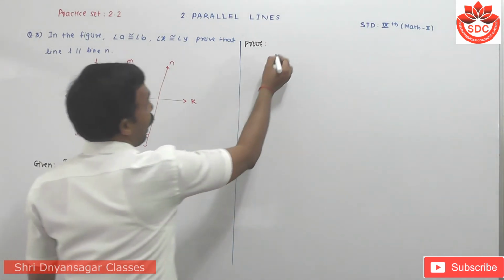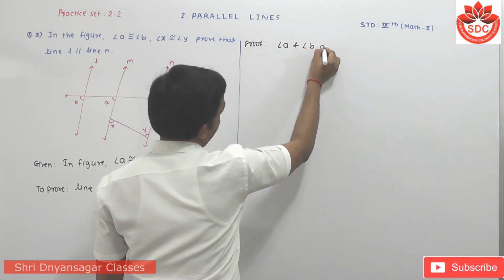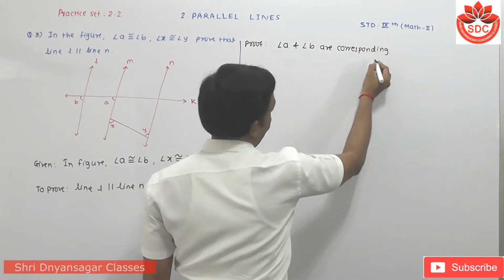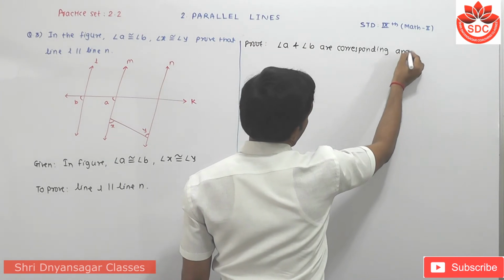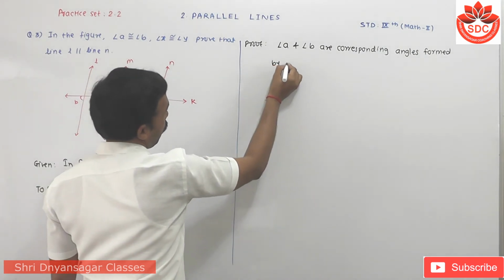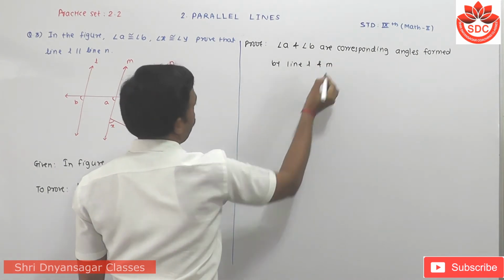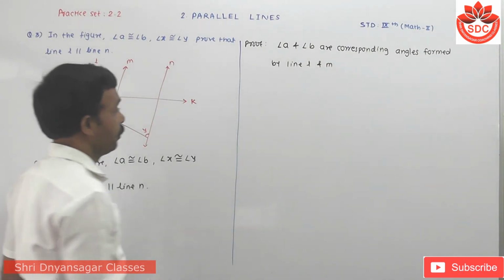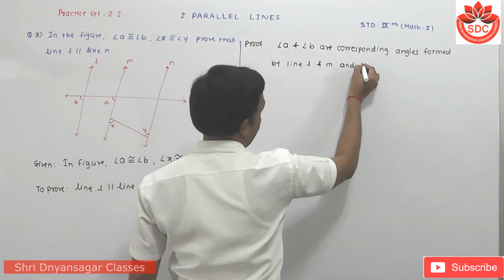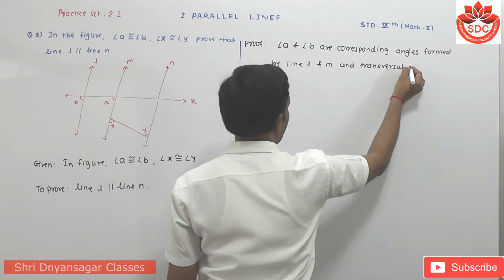So first I have to write here: angle A and angle B are corresponding angles for lines L and M, and the transversal is K.